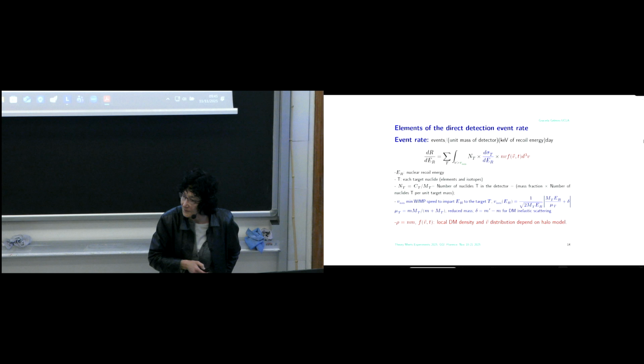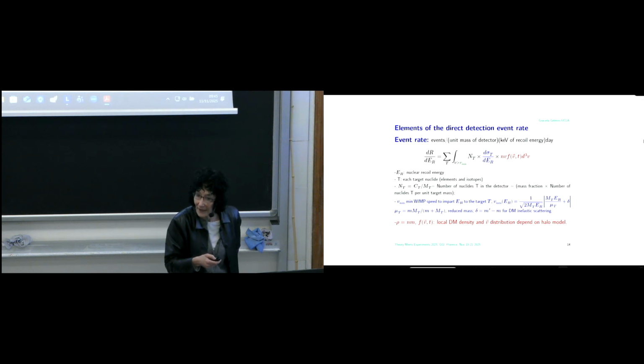So, therefore, the number of targets, you have to compute it, is the number of nuclides in the detector divided by the mass, and so on and so forth. You have to integrate from the minimum speed that would be able to produce the recoil energy that you want.